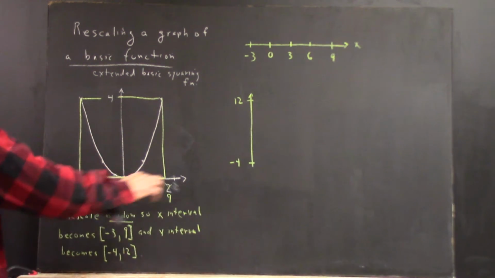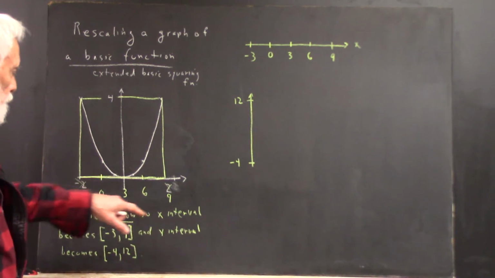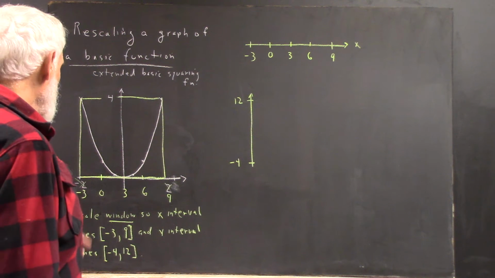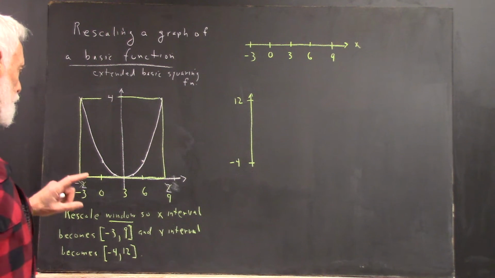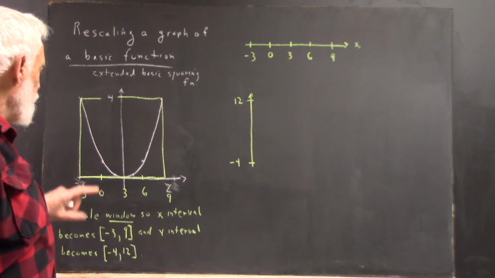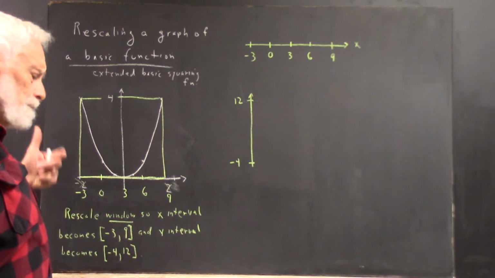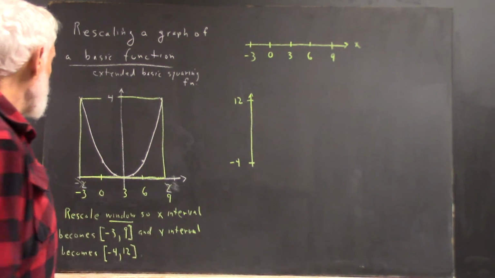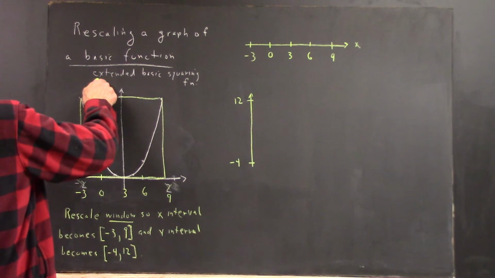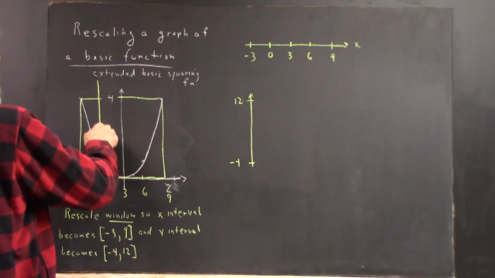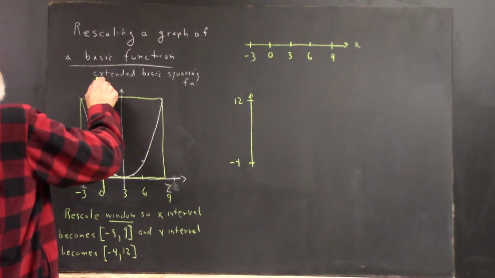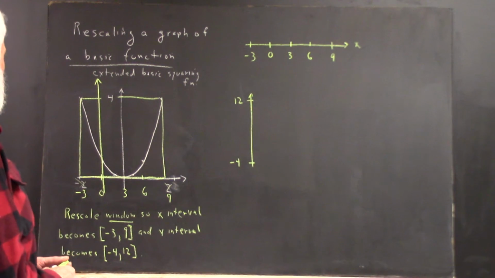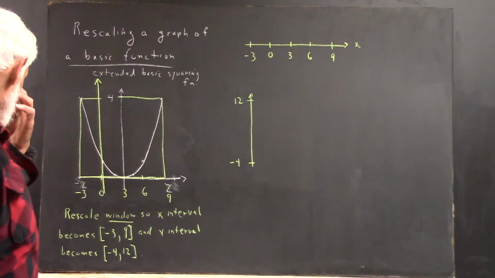Now we could continue marking off units and so forth, but we'll go with what we have right now. And the thing that I'll observe is that now the y-axis, which has to be the axis for which x equals 0, is over here. It's not over here anymore. So we've got a new y-axis. Hopefully you can see. Okay, there's our new y-axis.